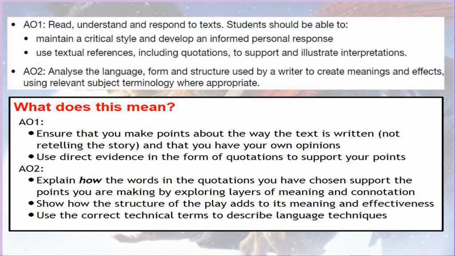So you need to drill down and really look for the layers of meaning. It is much, much better to have fewer pieces of evidence and to explore them in depth than it is to have lots and lots of evidence that you just superficially attempt to explain. Because assessment objective 2 is really about analysis rather than explanation.